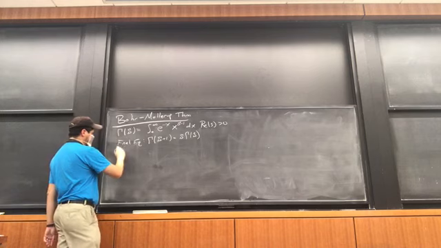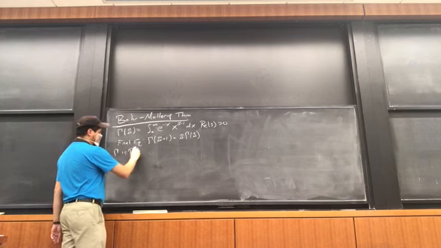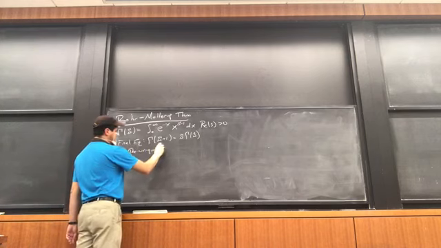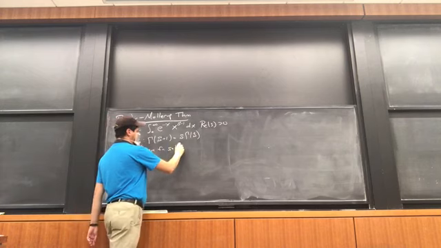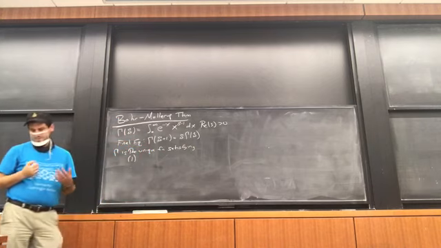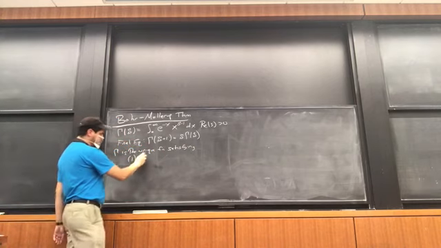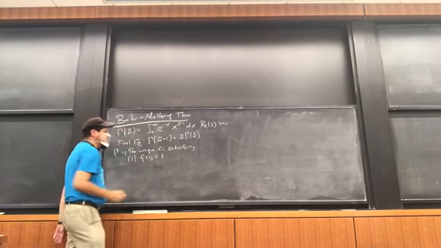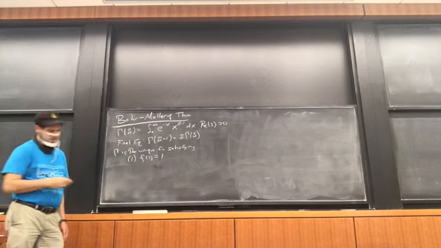Gamma is the unique function satisfying the following. And I'm not going to go into the proof. First, f of 1 equals 1. So this is a renormalization statement.